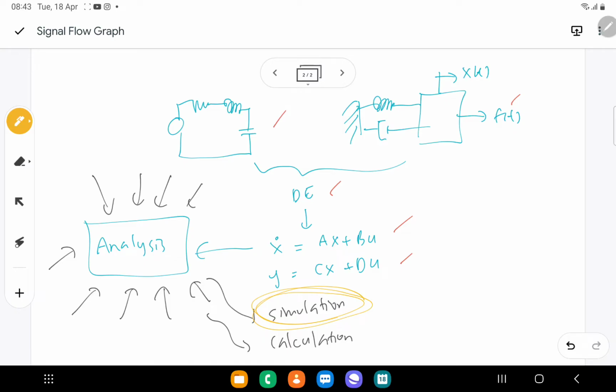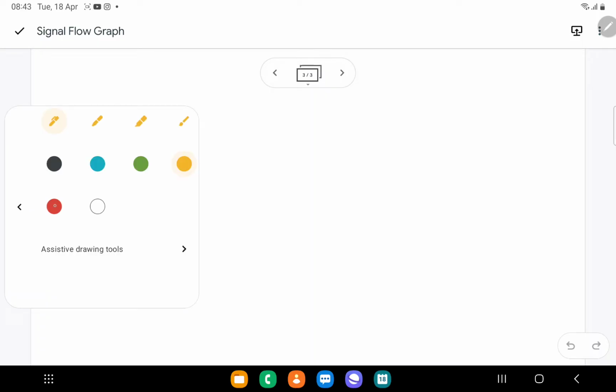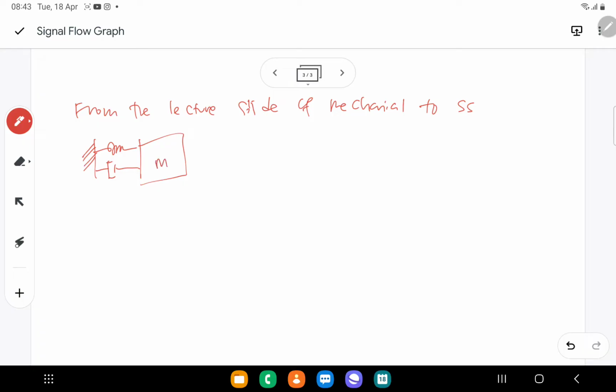Okay, next. According to the lecture slide, from the lecture slide on mechanical to state space, if you look at the example that you have, the spring mass damper, and then you have FT, and then you have the x, and then you have the K value, and then you have the fv value, right?